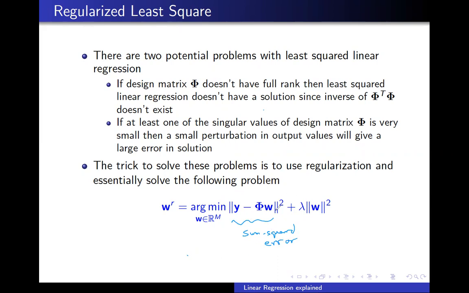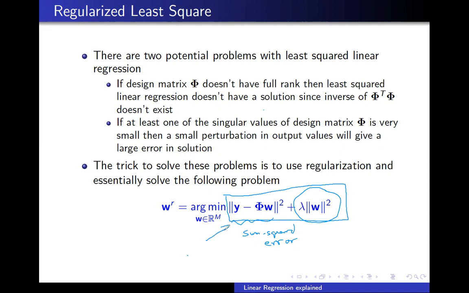But now we are saying, let's try to solve a slightly different problem, where we add an additional term, which is lambda times the square of the norm of this vector W, and we try to minimize this combined quantity with respect to W. From the regularization perspective, there are two terms.